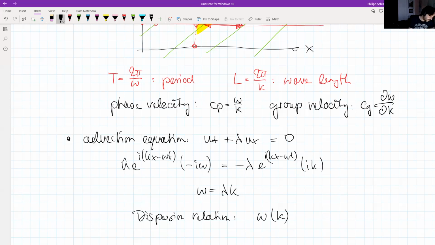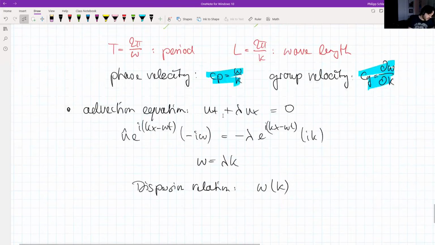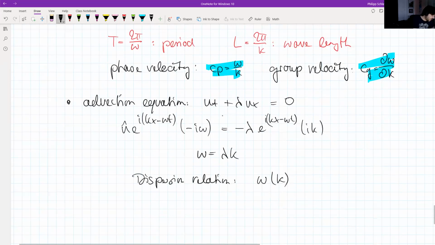Now for the advection equation, I can use the expressions that I have written down here for Cp and Cg. And perhaps it comes as no surprise that the dispersion relation for the advection equation simply says that Cp is lambda, and there's also Cg.